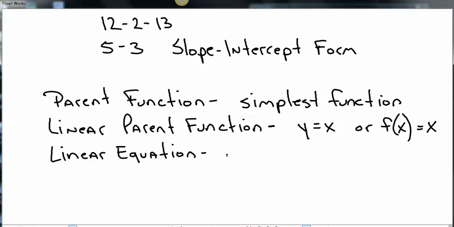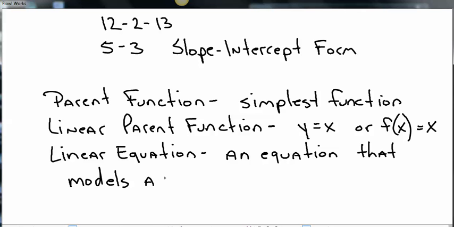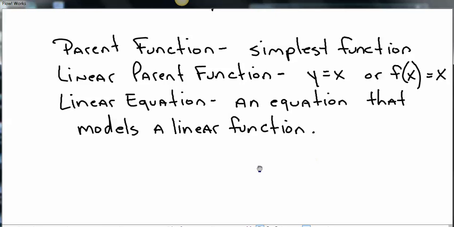An equation that models a linear function. A linear equation is an equation that models a linear function.